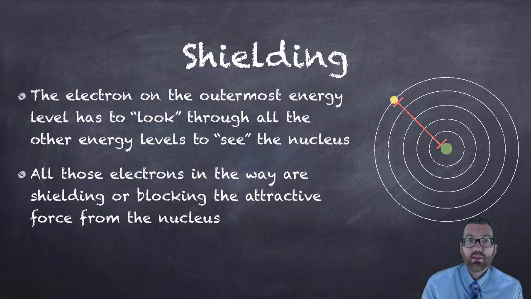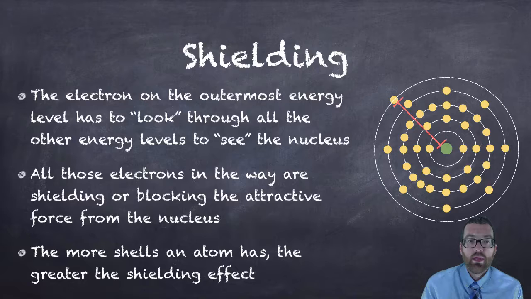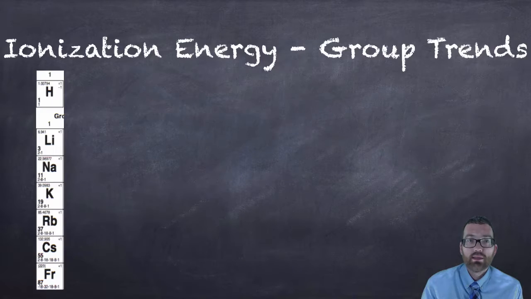All of those electrons in the way are shielding or blocking the attractive force from the nucleus. There's 36 other electrons that are going to be pulled on first by those protons in the nucleus before they pull on that 37th electron in that very last shell. So the more shells an atom has, the greater the shielding effect it has.